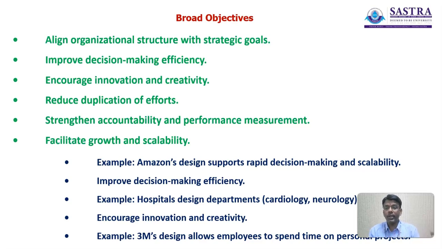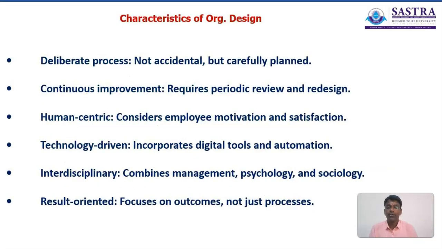Again, it articulates innovation and creativity, no second thought. And it also accepts 3M. What do you call 3M design? The 3M design allows employees to spend time on personal projects.